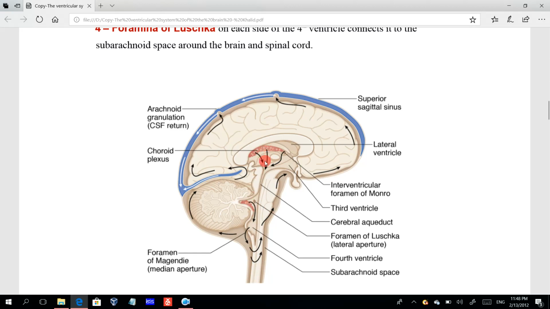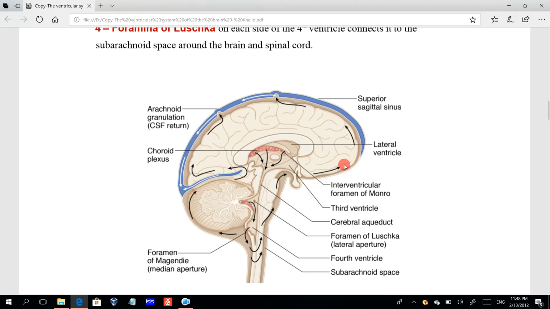It goes to the ventricles, passes through the cerebral aqueduct and then to the fourth ventricle, and from the fourth ventricle through the foramen of Luschka it goes outside to the subarachnoid space. You see, it surrounds the brain, the cerebellum, all these structures are surrounded by subarachnoid space, and within this subarachnoid space the CSF will pass.